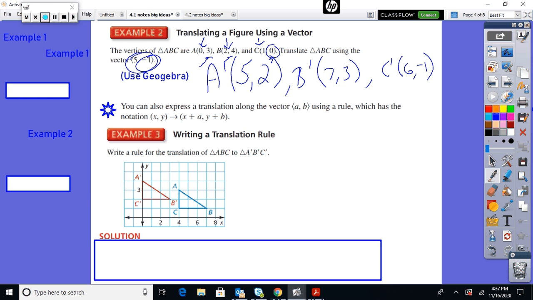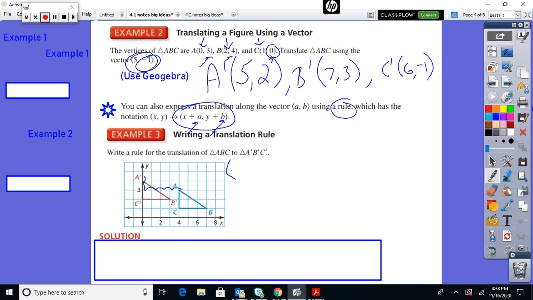All right, friends. Now, the second part of the section, we can also use a rule, not just component form, but a rule to translate something. So you just look and see what happens to x, what happens to y for all the points. So in this problem, a rule, let's see, A is going 1, 2, 3, 4 to the left and up 2.